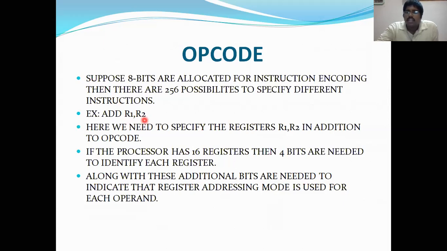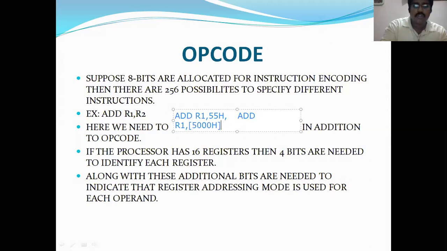That means whether both are registers or, for example, I can write something like this: ADD R1, 55H. Here one operand is a register and another is an immediate value. I can also specify an example like ADD R1, content of 5000H. Whenever you see this content, what does it indicate?